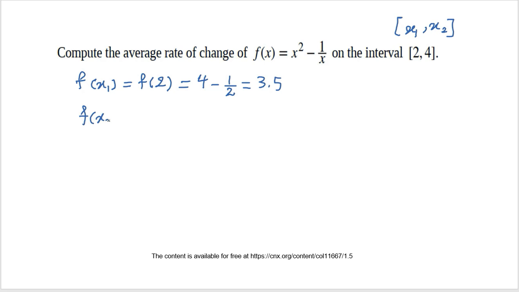F of x2 is equal to f of 4 is equal to 16 minus 1 over 4, and that's equal to 15.75.